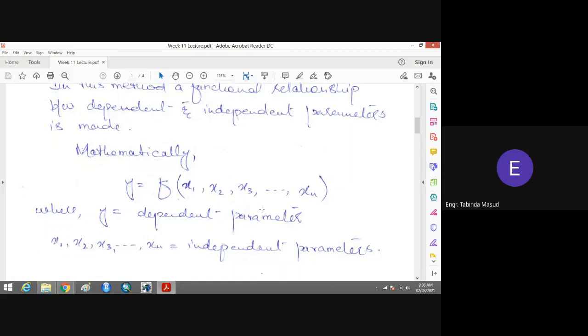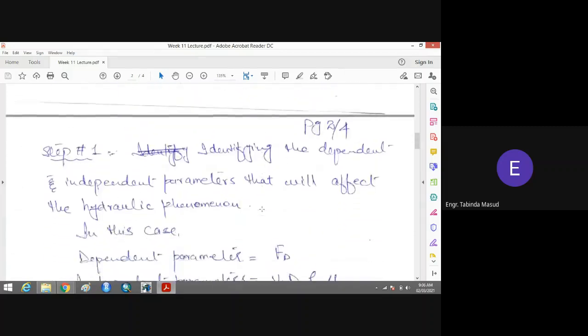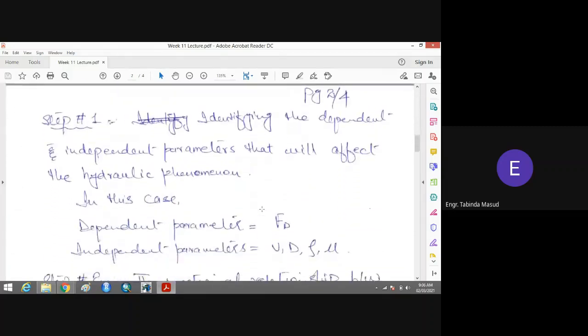So in step number one we will think about the dependent and the independent parameters. The dependent parameter, of course, is the drag force for which you want to develop a formula. What are the independent parameters? You can see here I have written 4 parameters.